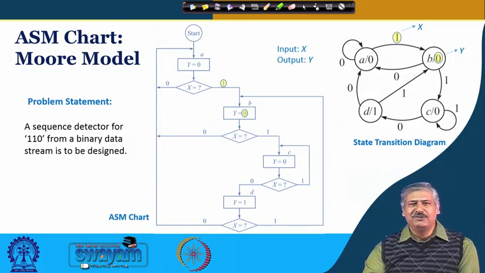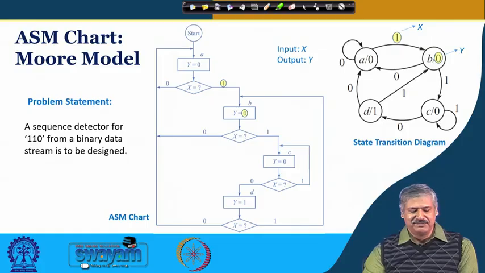So, we would now like to see how this Moore model will appear in the ASM chart. And for that, let us consider the example that we had seen before. It will be easier for us to compare with the state transition diagram also. The example, if you remember, is to detect a sequence 110 from a binary data stream.